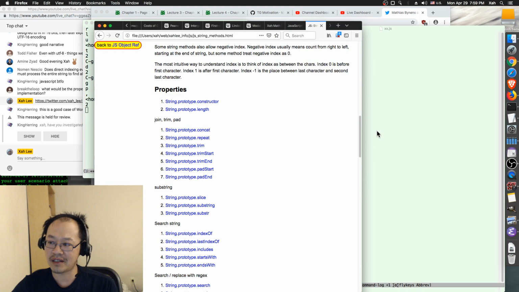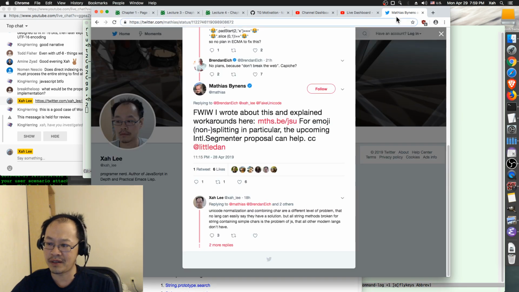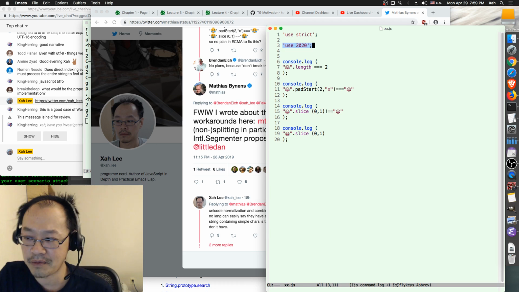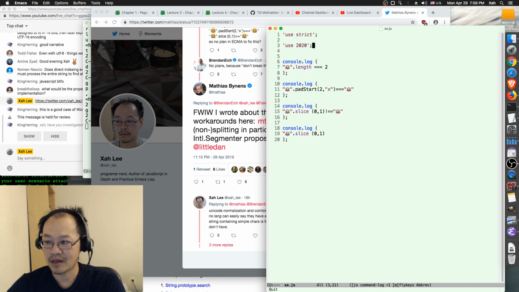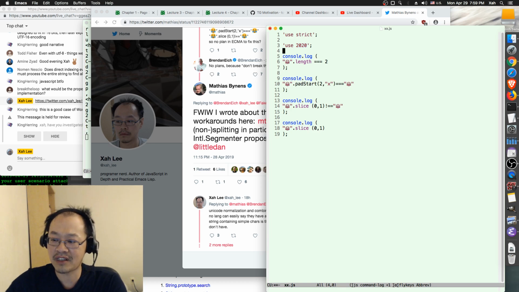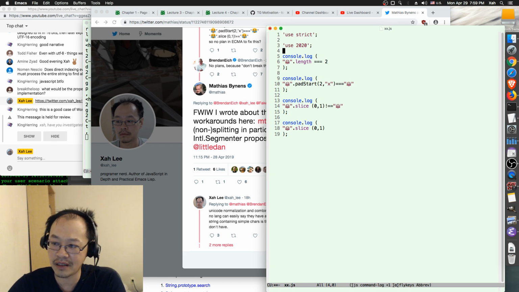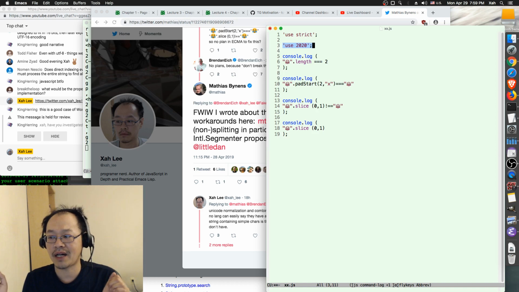But for some reason, these industrial programmers, including Brendan Eich, think this creates more problems and more complexity. So therefore the JavaScript team decided not to introduce any of this, called pragma or code directive.